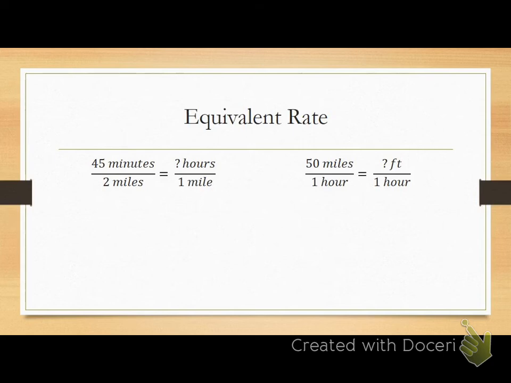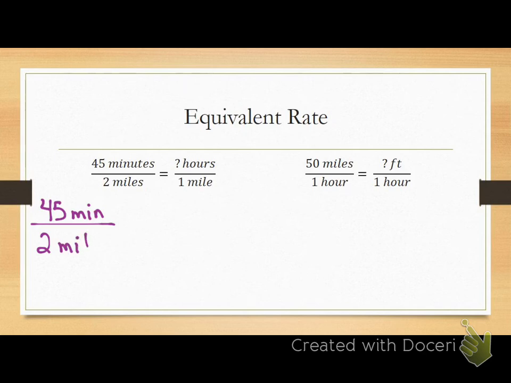All right? So let's look at this one. 45 minutes in 2 miles equals how many hours in 1 mile? If you follow the conversion factor, you will get the right answer. Okay? So now we rewrite the first ratio, 45 minutes in 2 miles.